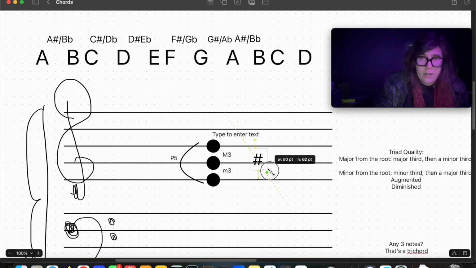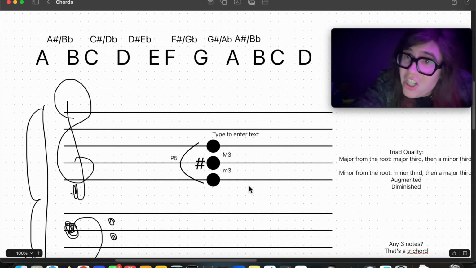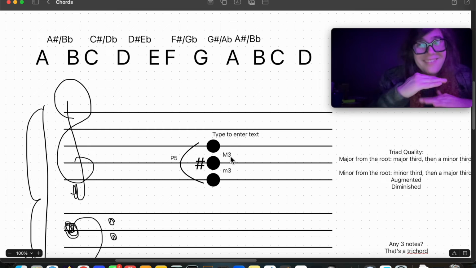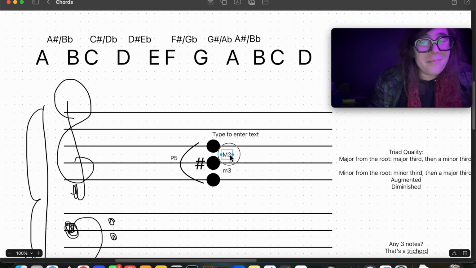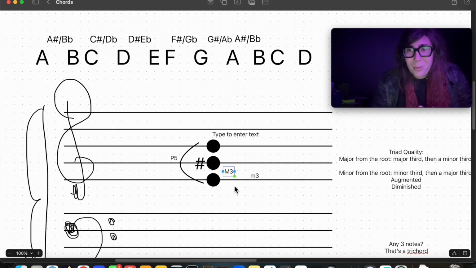Make it a little bigger. Add a sharp. Wait a minute, but E to G sharp isn't a minor third anymore. I know. It got bumped up. It got promoted. It's a major third now. Two whole steps, E to F sharp and then F sharp to G sharp. How cool is that?